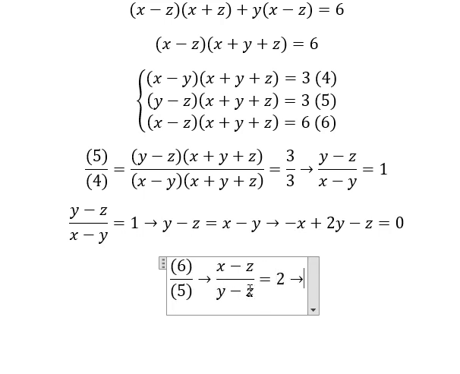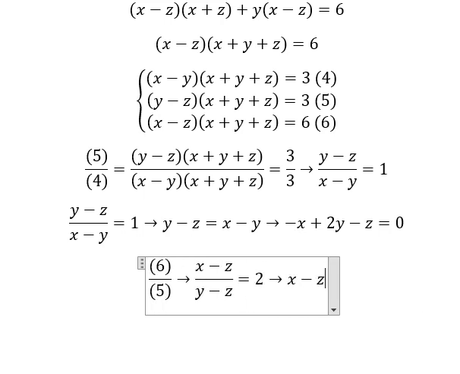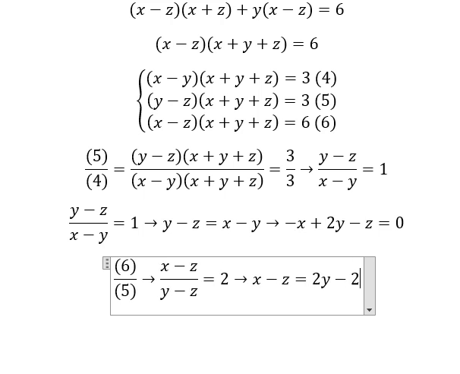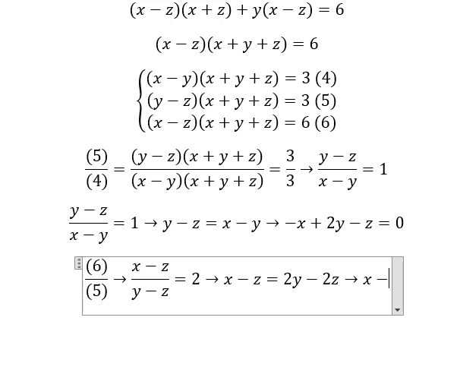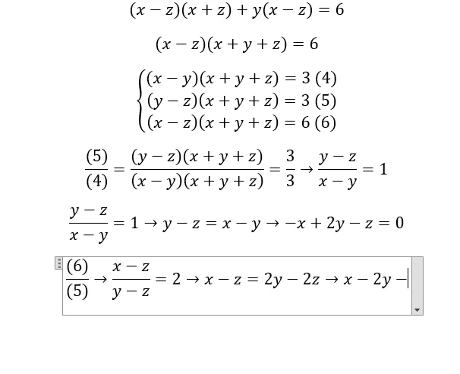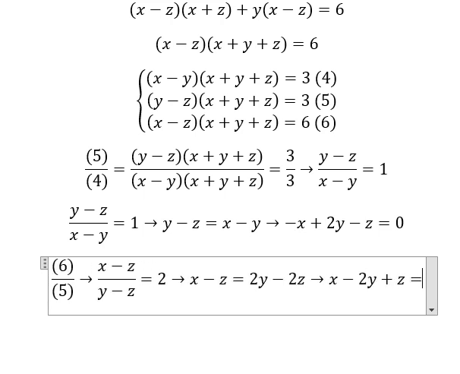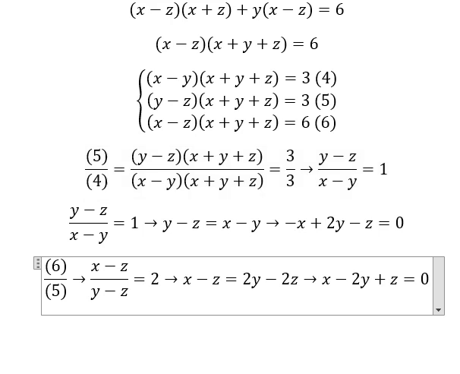So we put this one to the right. So we have 2y minus 2z. So I will put this one to the left. We have s minus 2y plus z equals number 0.